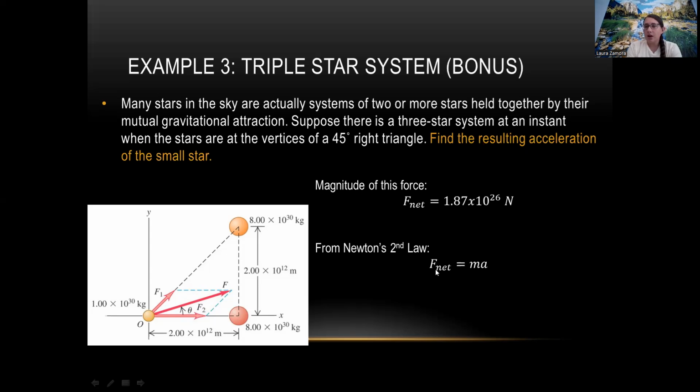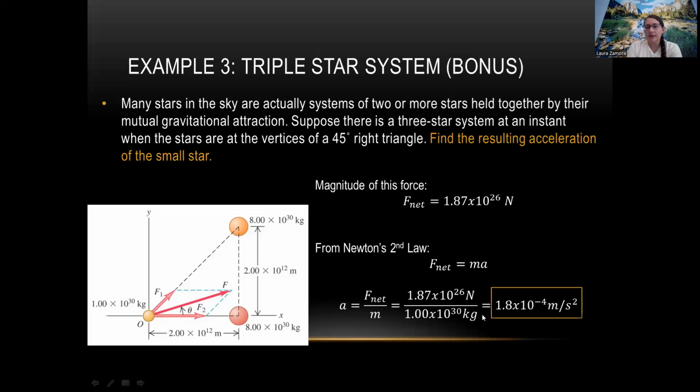From Newton's second law, we should remember that the net force equals mass times acceleration. So taking that equation and solving for acceleration, we get acceleration is net force divided by mass. So this is our total gravitational force that we just found, divided by the mass of that small star.